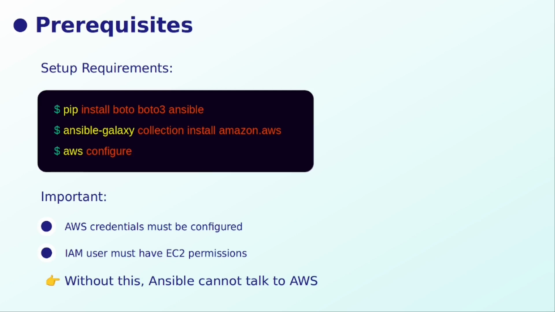Also, make sure your IAM user has permission to manage EC2 resources. If this step is not done correctly, the entire automation will fail. So, always double check your credentials and permissions. Think of this as setting up the foundation before building the system.